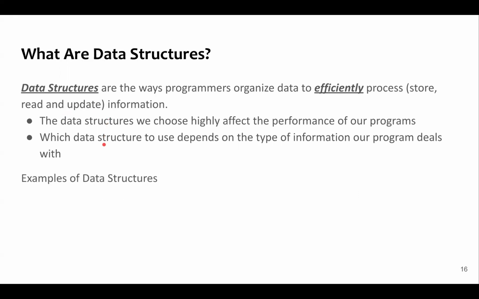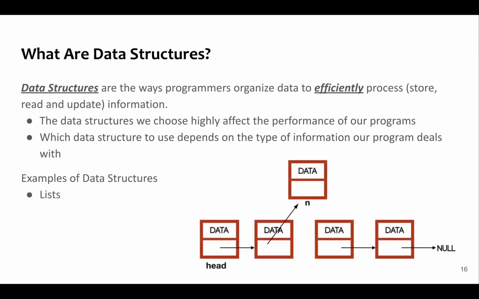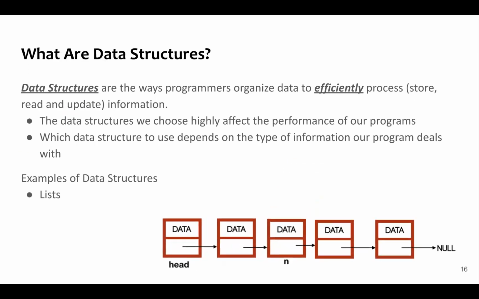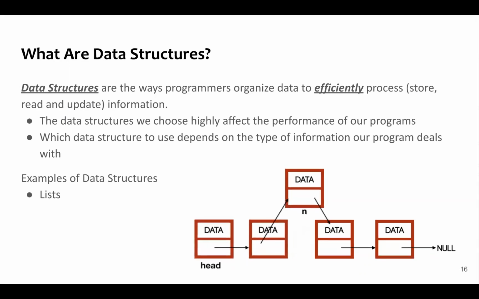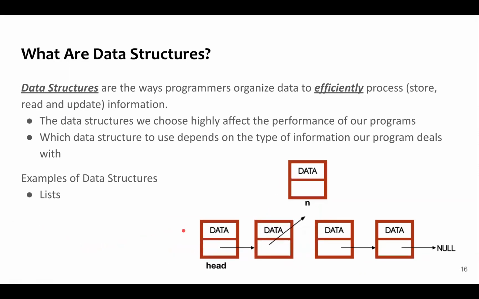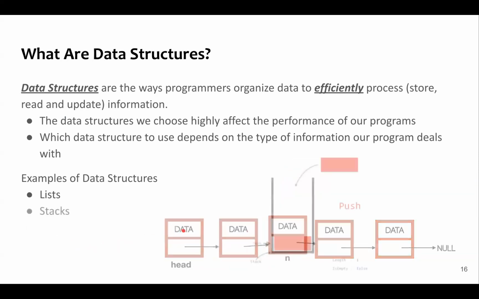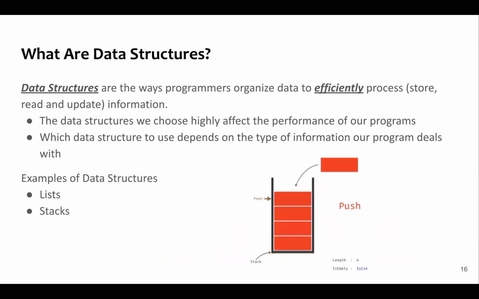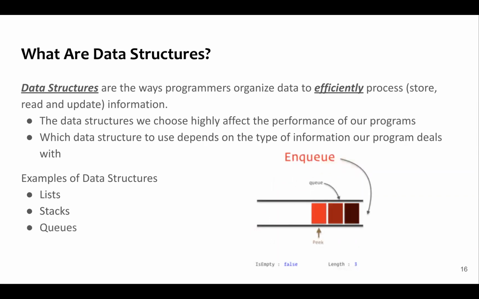And I'm going to show you some examples of data structures. This is called lists. It is basically a sequence of data elements. So it is basically just a list, all right? And there are some data structures called stacks. It's also basically the stacks we use in our daily lives. So we put some items on the top like this and take away some items from the top. So that's stack. And there is also a data structure called queues.